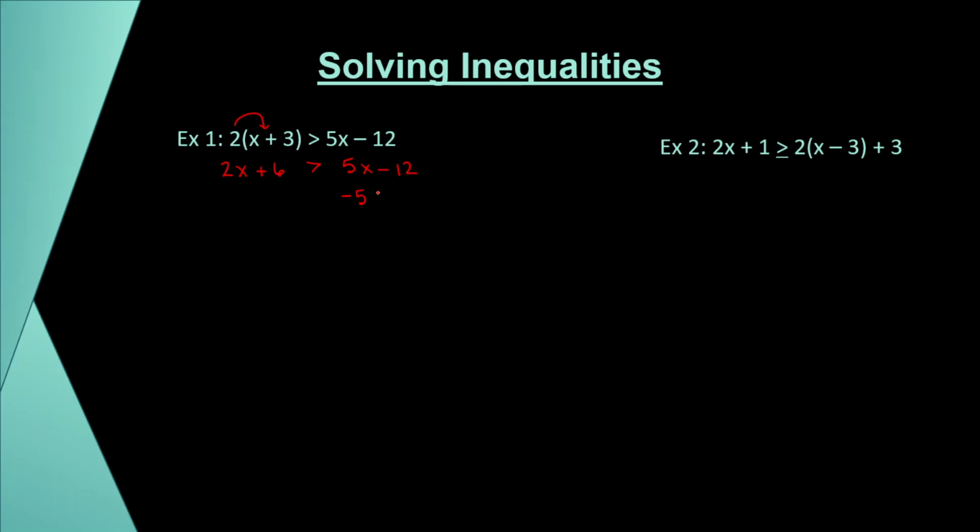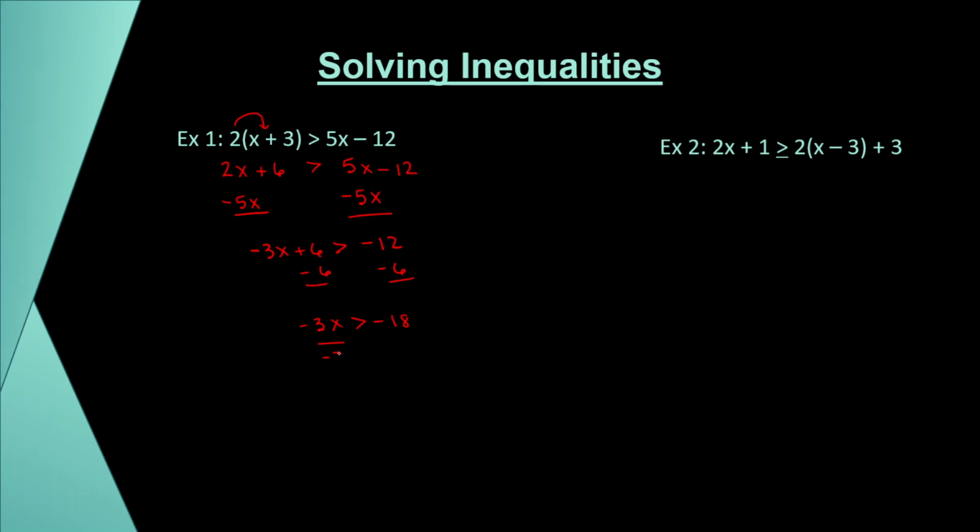So I'll do minus 5x. And I get -3x plus 6 greater than -12. Then I'm going to subtract the 6 from the -12. And I get -3x is greater than -18.